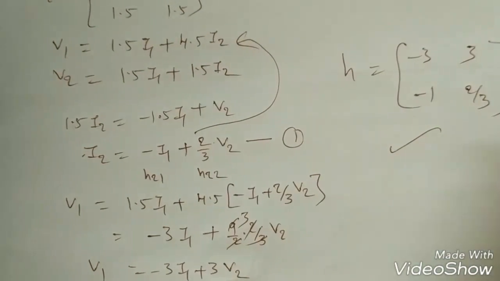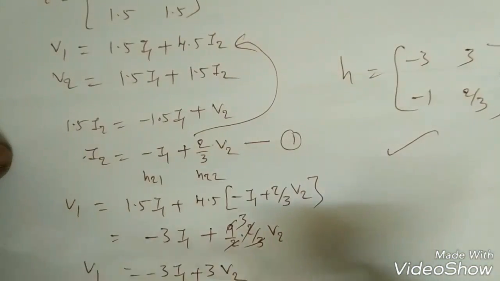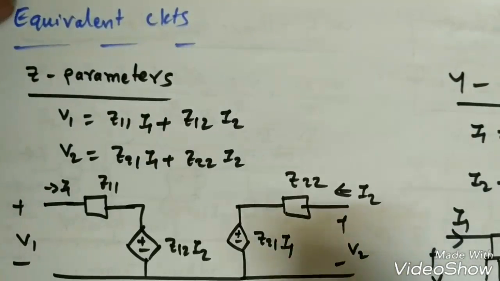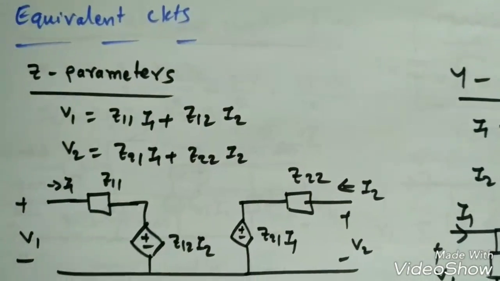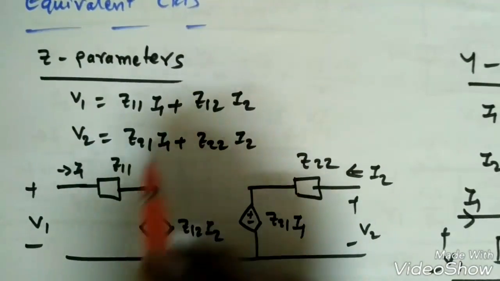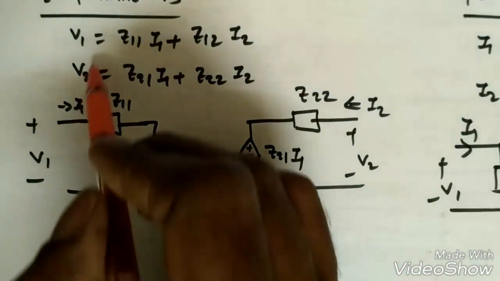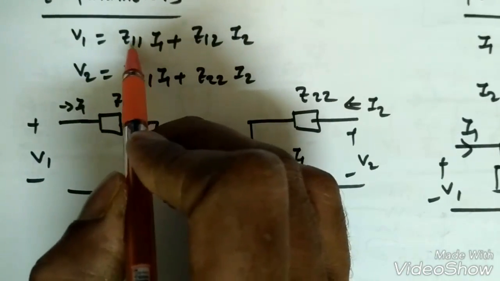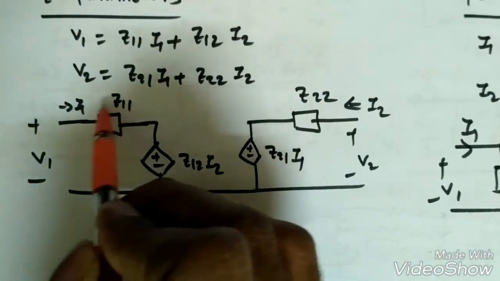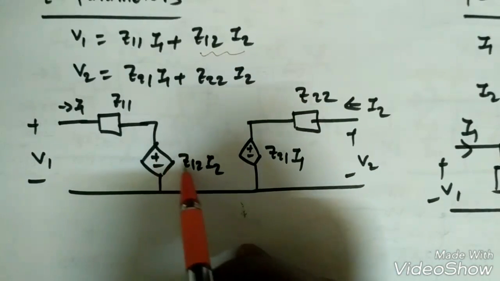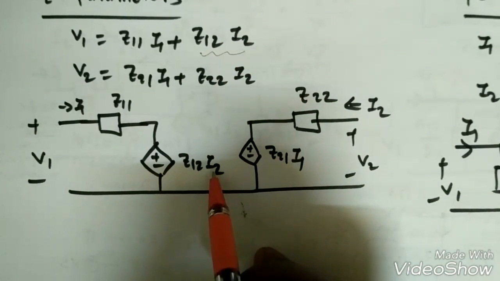Right? Next we will see some equivalent circuits. These equivalent circuits may be useful in analog electronics, so for that reason I am telling here. The Z parameter equations can be written like this. How to model this: V1, it's like KVL. So that means I1 into some impedance Z11, but this one is some voltage source which is dependent on I2, right?